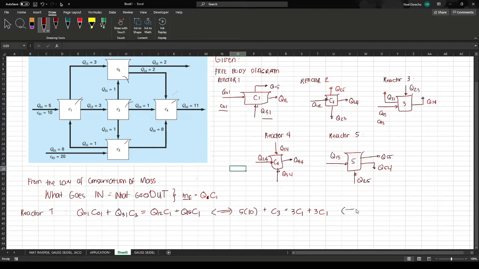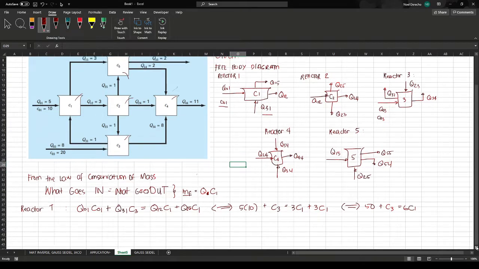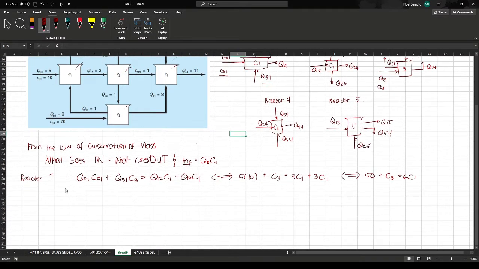Simplifying, this is 50 plus C3 is equal to 6C1. And we will just arrange directly, so reactor 1 will be 6C1 minus C3 is equal to 50. So this will be your equation 1 for reactor 1.